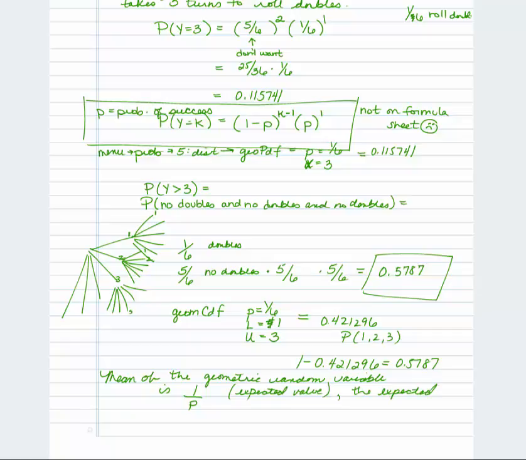The expected number of trials we require to get the first success is 1 over P.